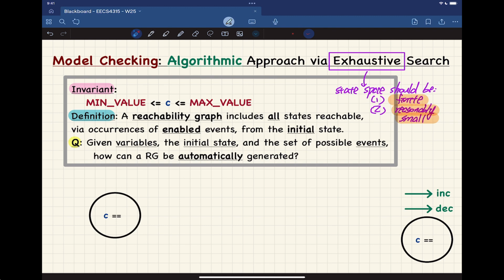Okay? So I'm going to somehow simulate a little bit about how the tool is going to use. But the basic idea will be the tool is going to use some adapted depth-first search to really do this kind of thing, like what you learned in 3101. So algorithmic is primarily depth first.